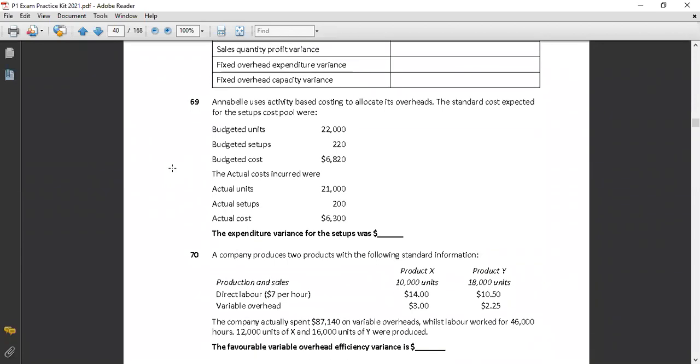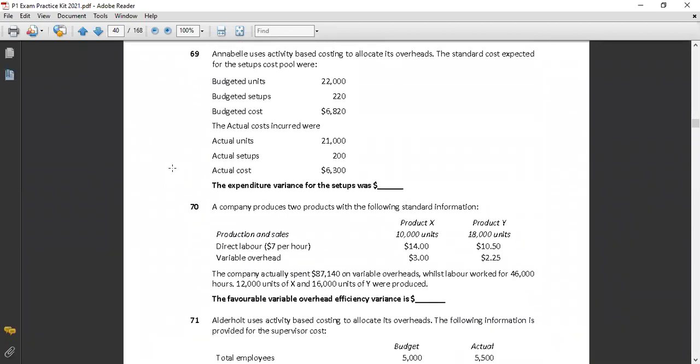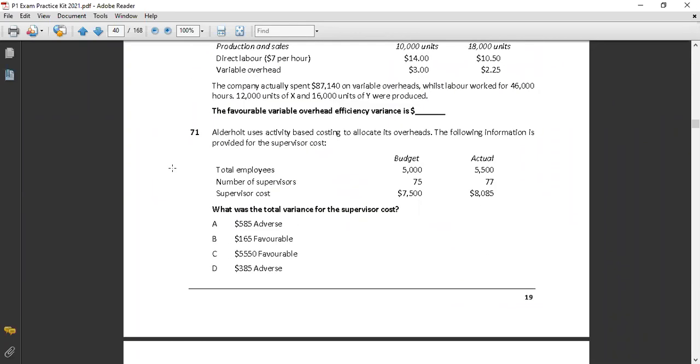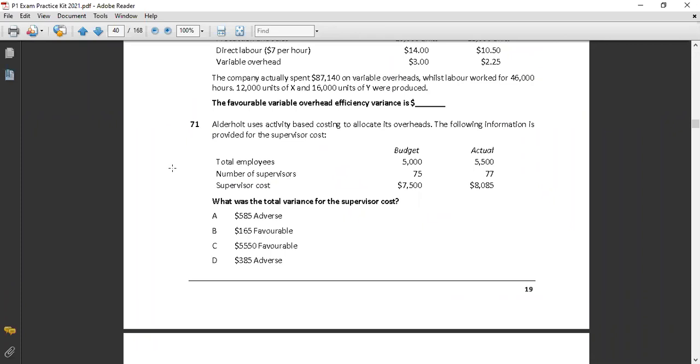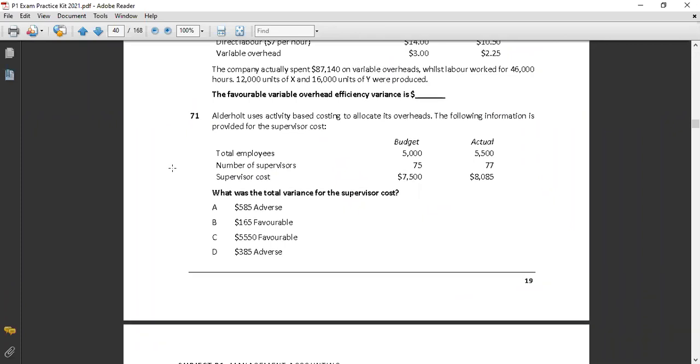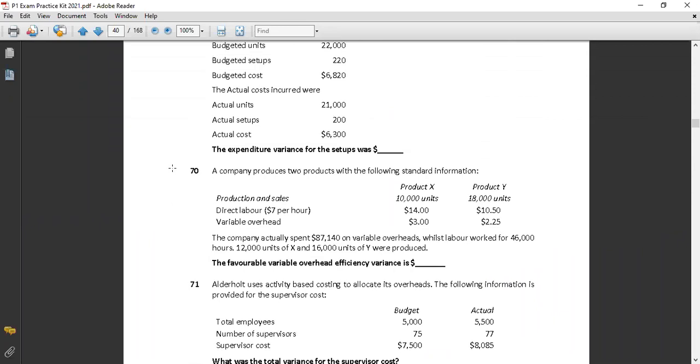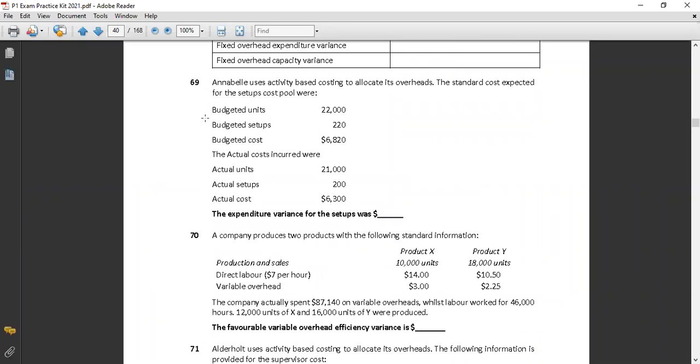So the next set of questions are given to us from 69 onwards. One is expenditure variance, another one is favorable variable overhead variance, overhead efficiency variance, then the total variance per supervisor's cost. So let's take these three questions.